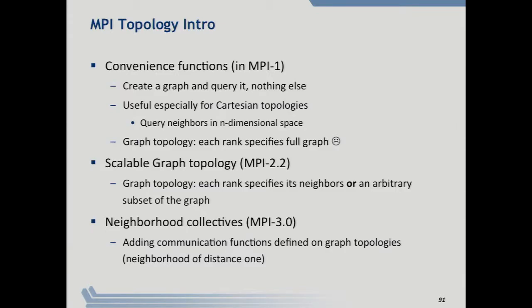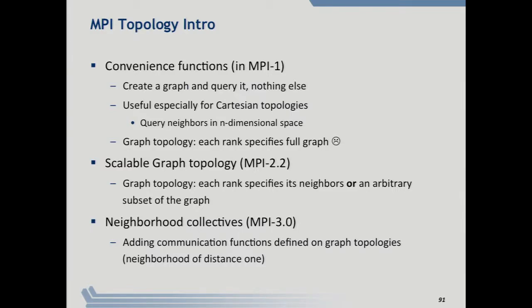Because of that problem, MPI 2.2 added new functions where you can specify this graph in a distributed way, where you can specify just your own neighbors, or there is a second way of doing it also, but you don't need to specify this whole graph and thereby consume all this memory just to call this function.